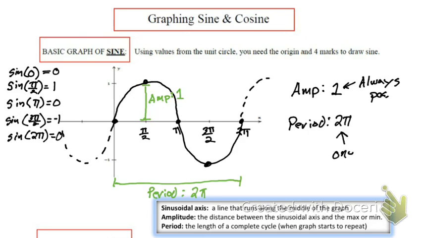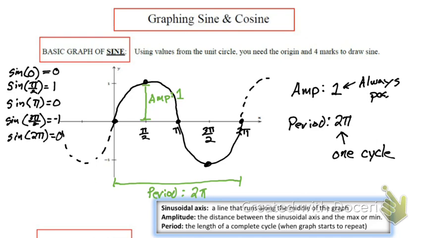That is also called one cycle. If I asked you to draw 2 cycles, you would have to continue and draw it one more time. And that can be a possibility where I say draw 2 cycles of something. And that's the graph of a sine function.